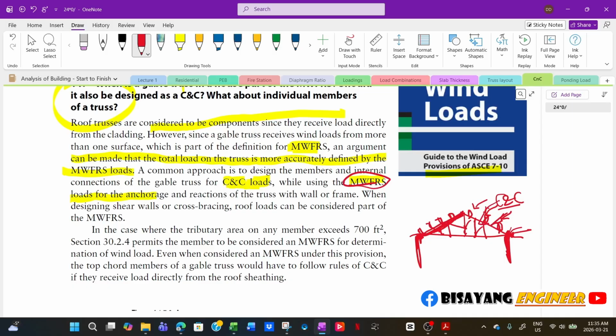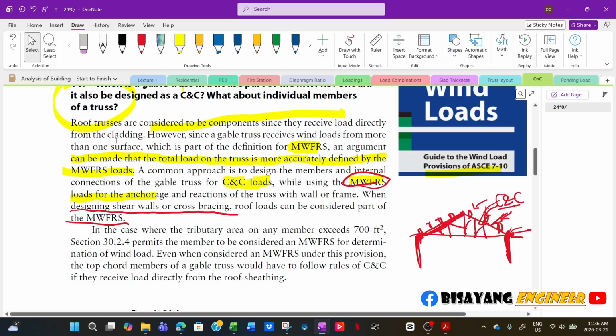So when designing shear walls or cross bracing, roof loads can be considered part of the MWFRS, because technically that will also give the maximum reaction, or the maximum net lateral load.